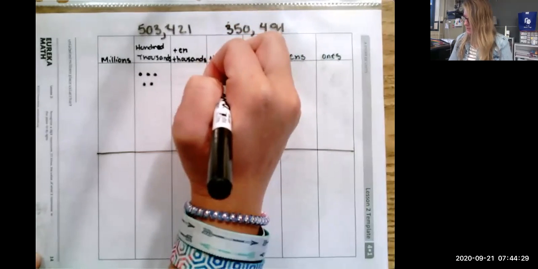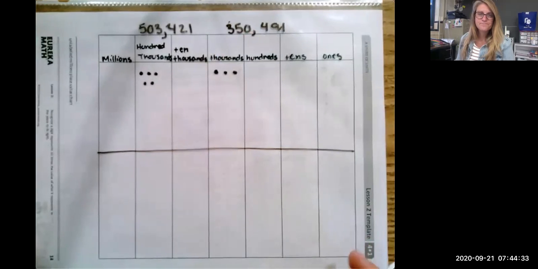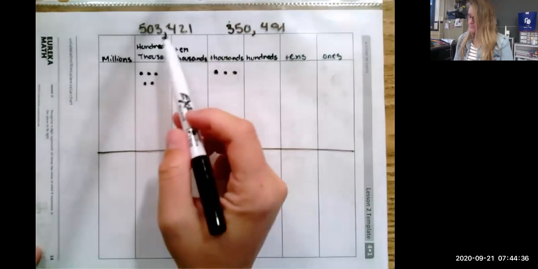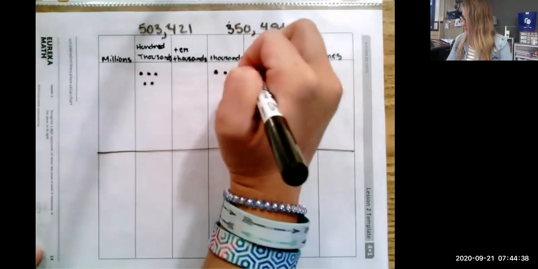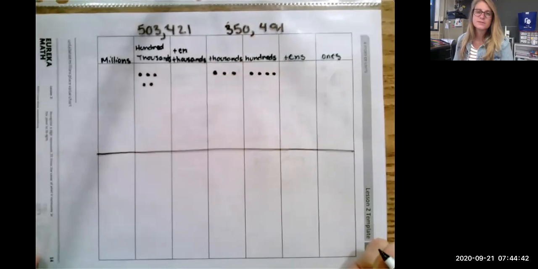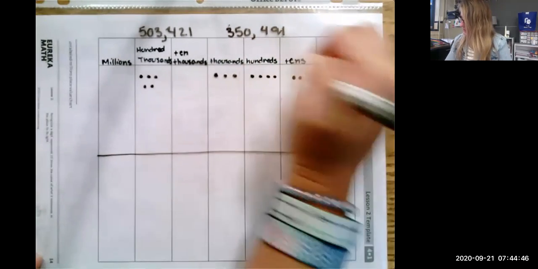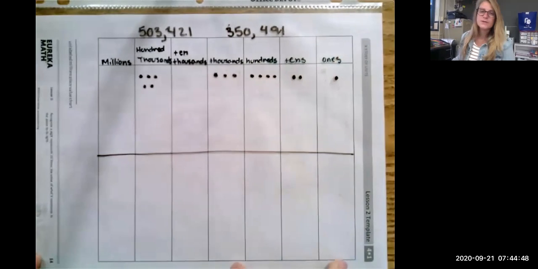So I'm going to put place value disks in my thousands place. Then I have a 4 in the hundreds place. So I'm going to put 4 place value disks in the hundreds place. And then a 2 in the tens place and a 1 in the ones place.